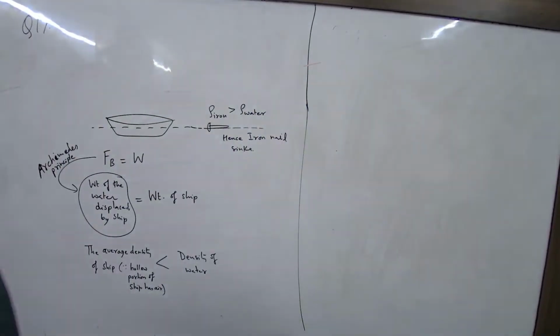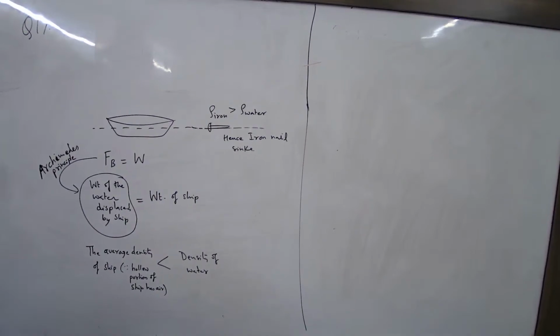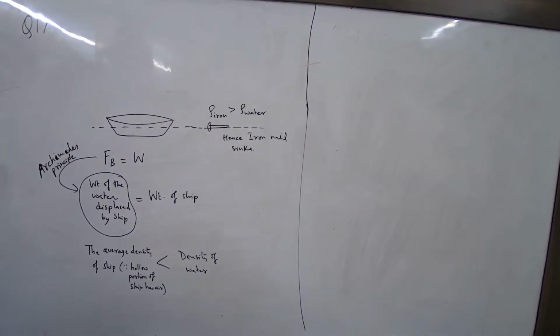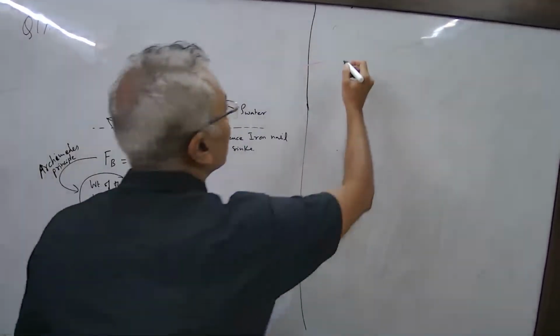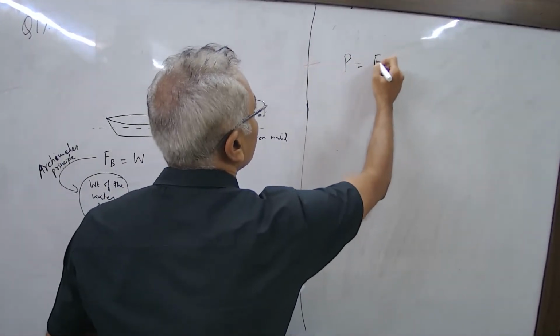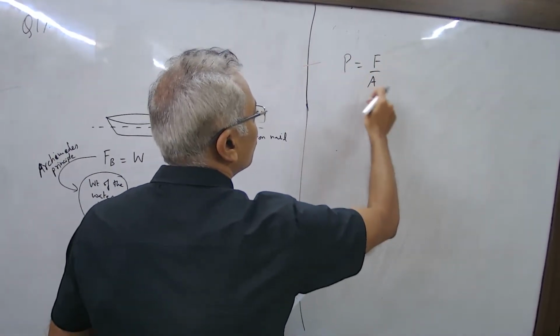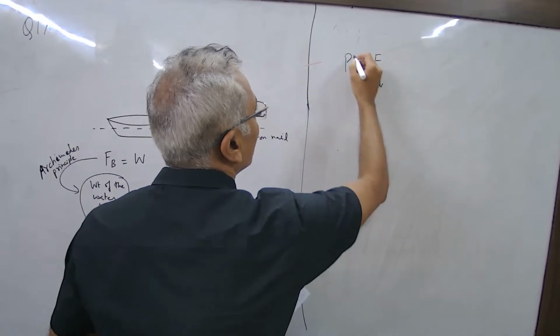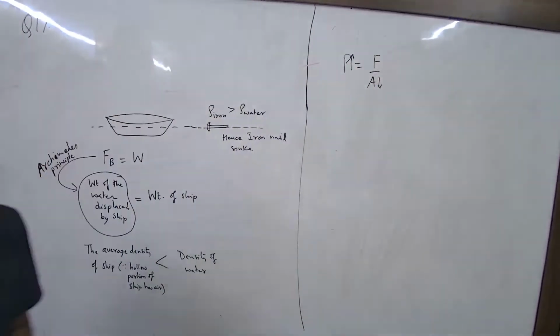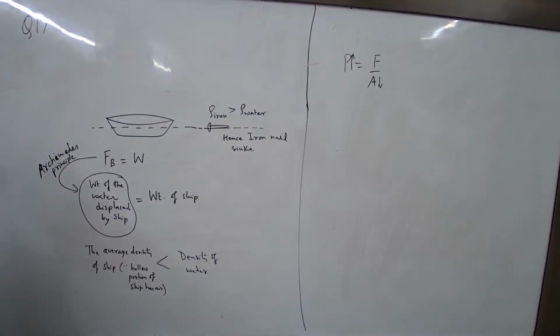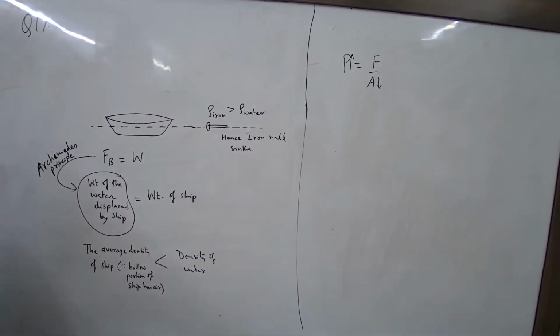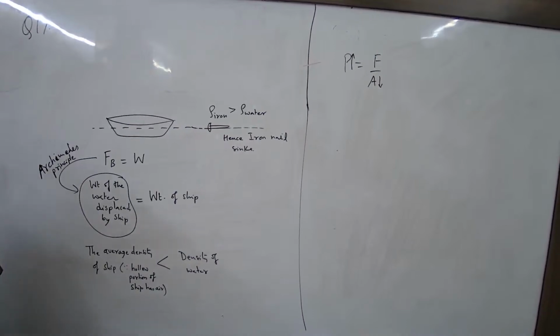Why it is difficult to hold a school bag with a thin strap is because it will exert more pressure. Pressure is thrust upon area. So the smaller the area, the larger the pressure. Area decreasing, pressure increasing. So that's the answer.